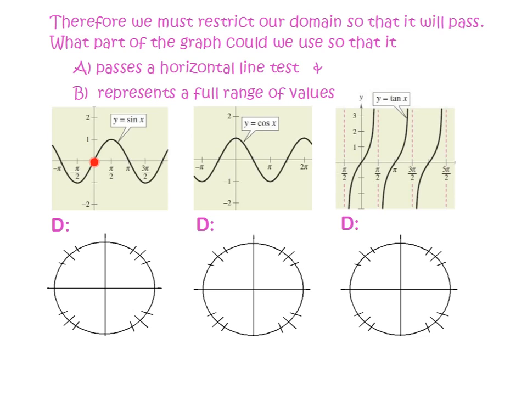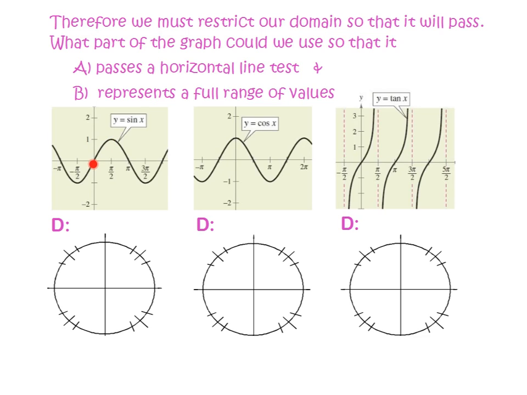So usually what we do is we start at 0 and we start tracking this thing. And so far we're good, we're good, we're good. It's passing a horizontal line test. But right here I run into trouble. As I turn around, that's the part where it no longer passes a horizontal line test. I could start at 0 and go up, but as soon as I turn around, I have problems. So the farthest I can get to is pi/2. But that's not a full range of values because I only went from 0 up to 1.